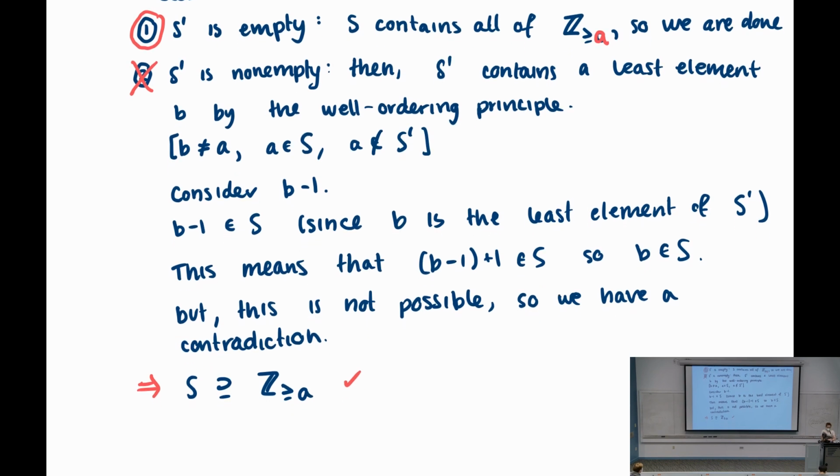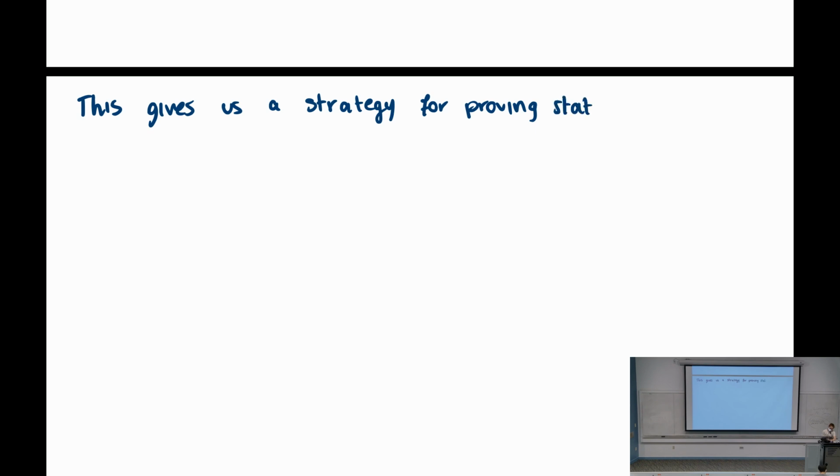Okay, so what is the upshot of this? So this gives us a strategy for proving statements about integers.